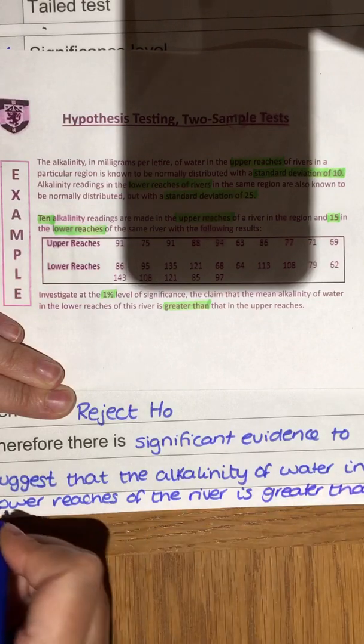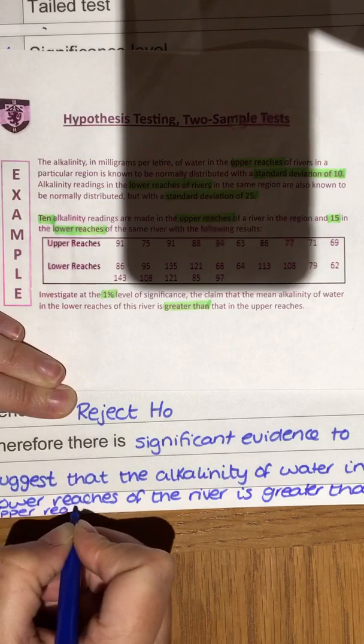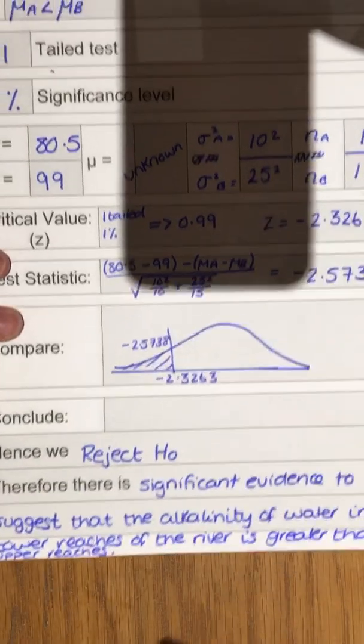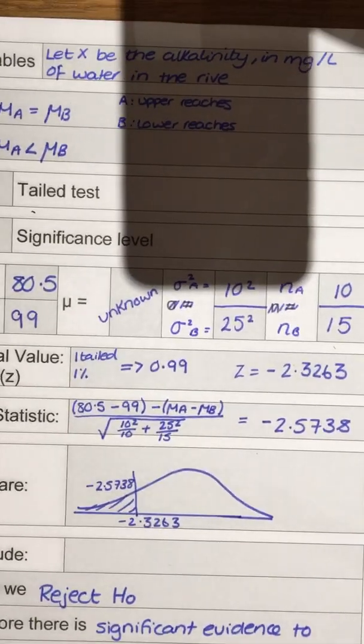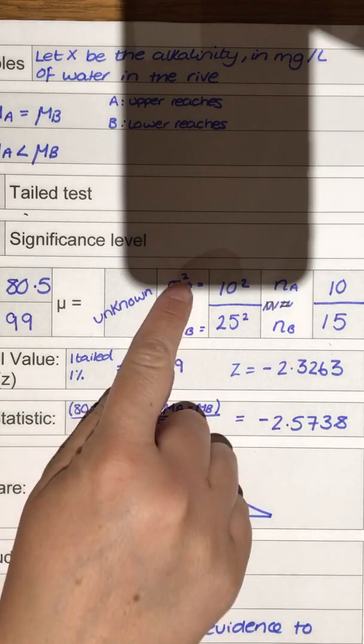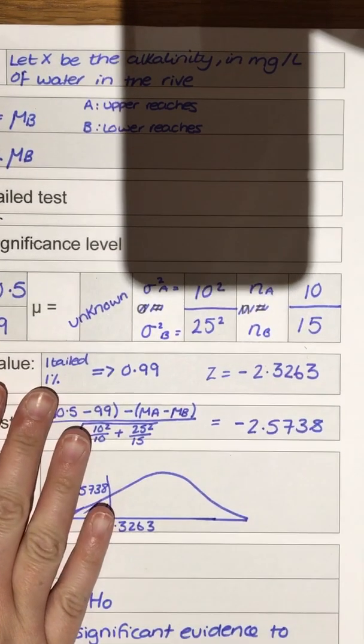Running out of space, the upper reaches. And that there is a completed example. Like I say, for the blue boxes, I'll make sure these are corrected and those are split for you. That's what you are looking at.